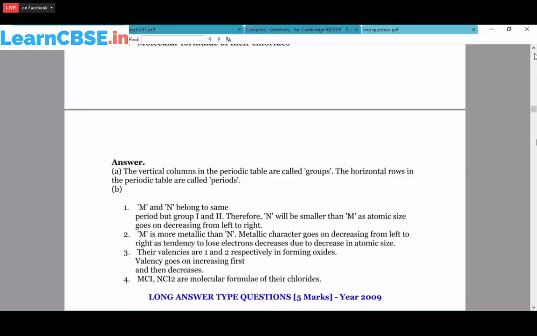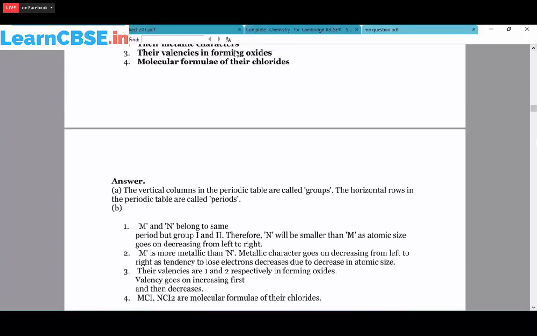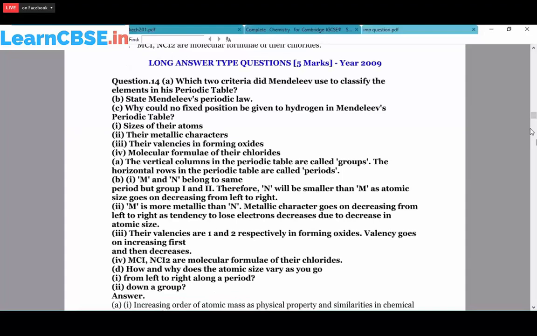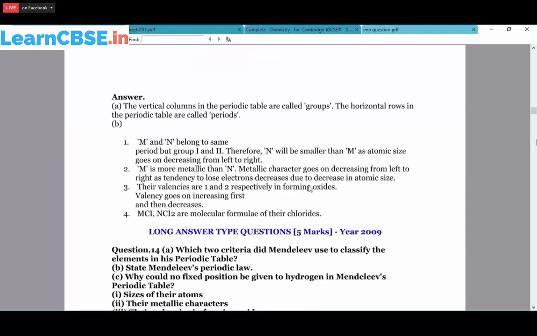Then the next question: molecular formula of the chlorides. The molecular formula of the chloride of M is MCl, because chloride has a -1 charge and M has a +1 charge. So +1 and -1, both the charges are the same, so you get MCl.